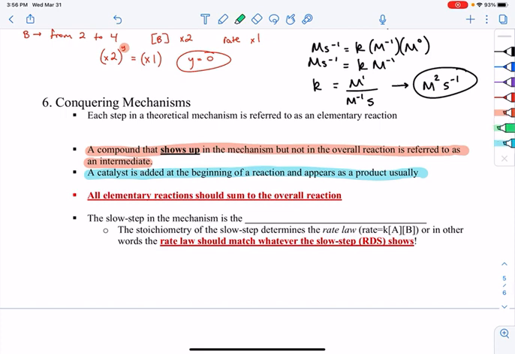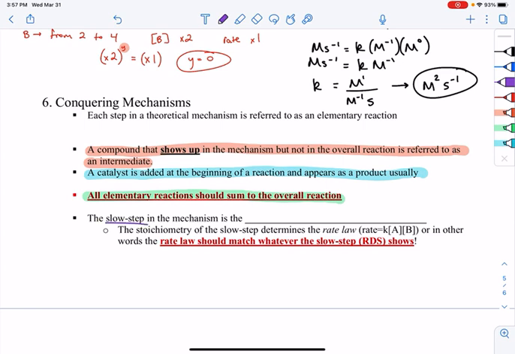One of the most important things about mechanisms is that all the elementary reactions, which are the different steps in the mechanism, should always add up to give you the overall reaction. We got a little bit of practice with that in the equilibrium unit, when we were adding reactions together. You'll often be told that one of the elementary reactions in the mechanism is the slow step.